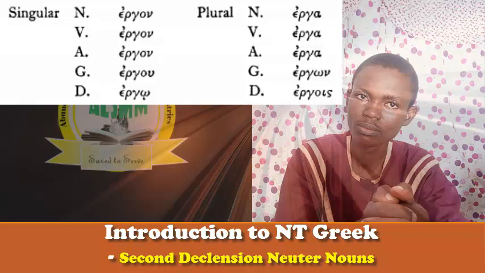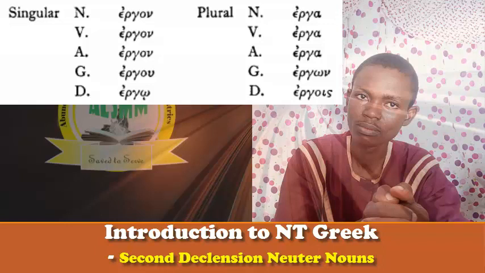Now, to decline a neuter noun, we will be making use of the word which means work. And what is the Greek word for work? That is ergon. Ergon is in the nominative form and it is singular. The vocative still remains ergon.